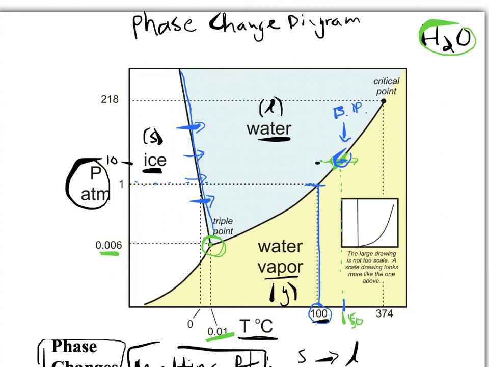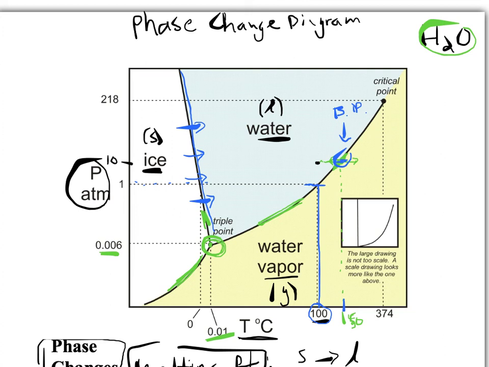So liquid, solid, and water vapor all exist in equilibrium, a dynamic equilibrium where they're shifting back and forth. On all of these lines, it's only an equilibrium between 2 phases. But at the triple point where they all intersect, that is an equilibrium between all 3 phases.